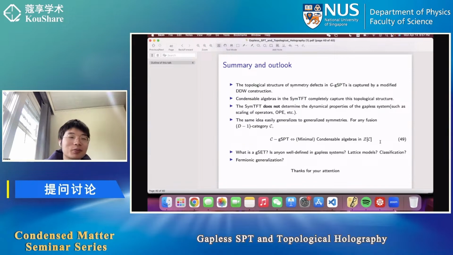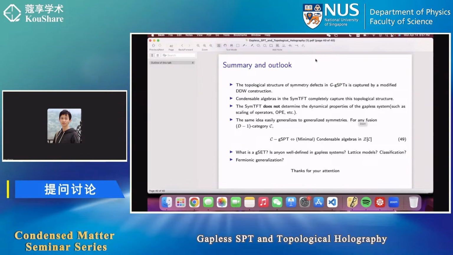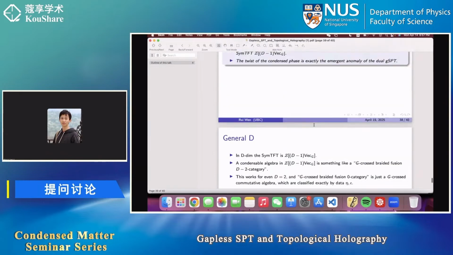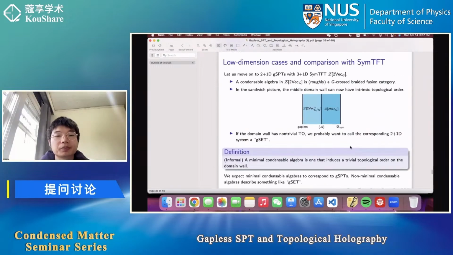Okay, any other questions? Can I ask a question about the minimal condensable algebra? What is the mathematical characterization of this minimality condition? Actually, at least in this case, when the bulk is a G-gauge theory, the condensable algebra is always G-graded, and the definition just demands the trivial component to be trivial.